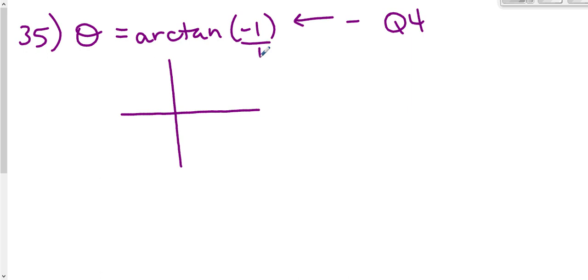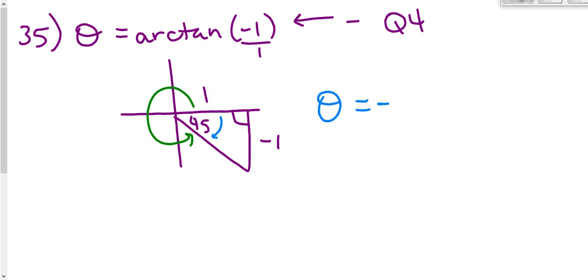Make it into a fraction. And we would have negative 1 on the opposite and 1 on the adjacent. Okay, so that's not quadrantal. That's a 45-degree reference angle. And we're answering in degrees this time. But remember, we're not going the normal way. We're not going counterclockwise and saying 315. We're going clockwise and saying negative 45 because we're supposed to give an answer that falls between negative 90 and positive 90 degrees.